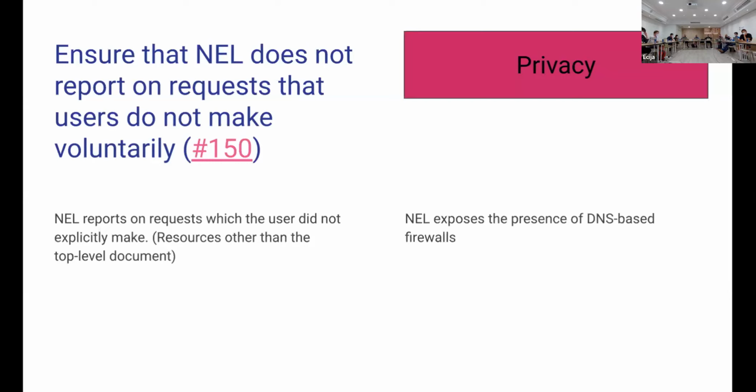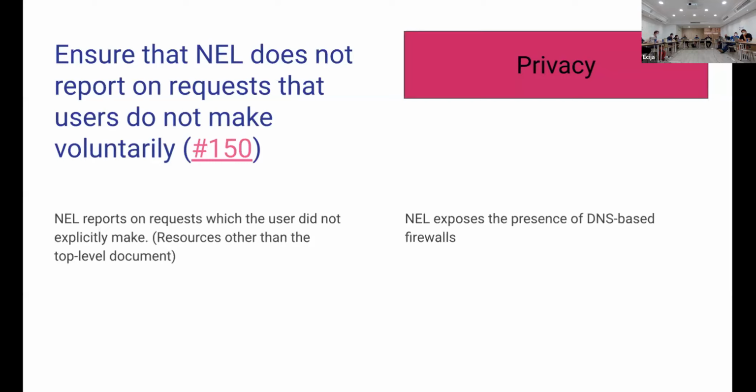But I believe that the paper itself says something more to the effect of we only report on requests the user agent makes while the user is voluntarily browsing away. In other words, we don't do NEL on things that happen in the background, but we definitely need to report on error conditions on the page itself in the foreground. Regardless of origin, if you're including images from a CDN and you can't get to those, we should be reporting those. If you're including third-party scripts, we should be reporting those.